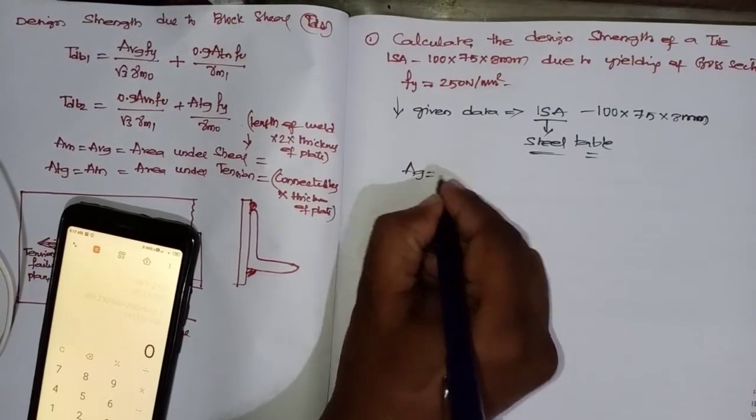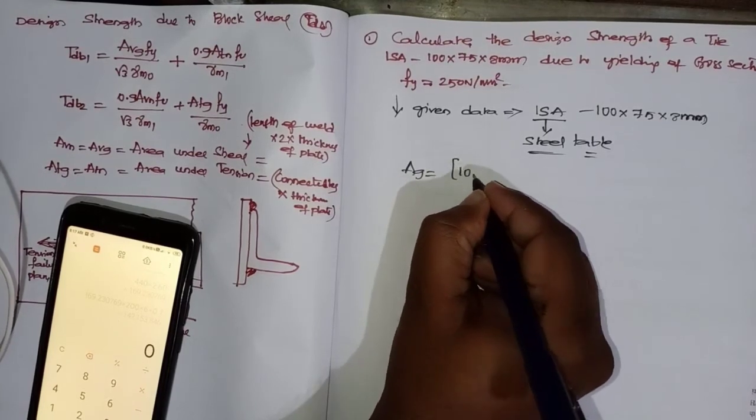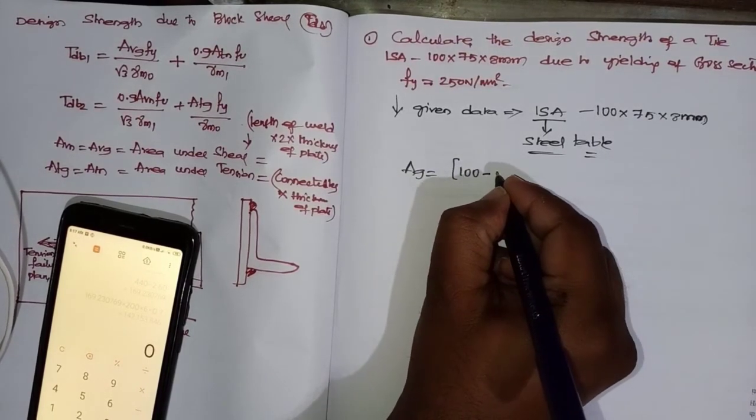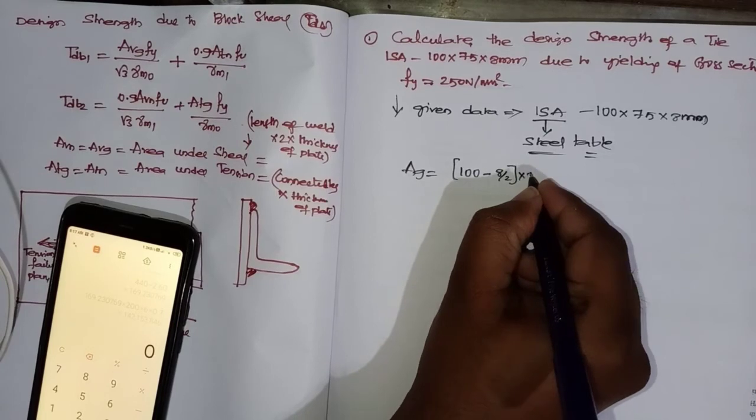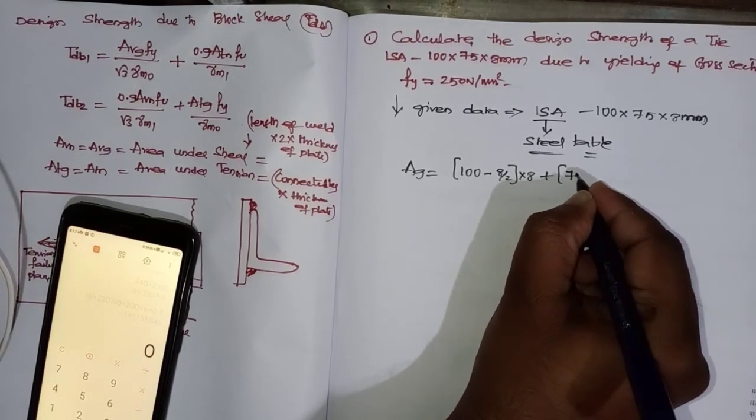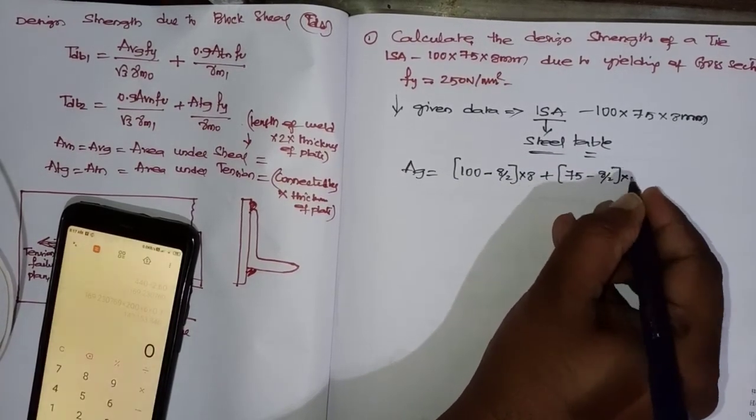AG equals (100 minus 8 by 2) into 8 plus (75 minus 8 by 2) into 8.